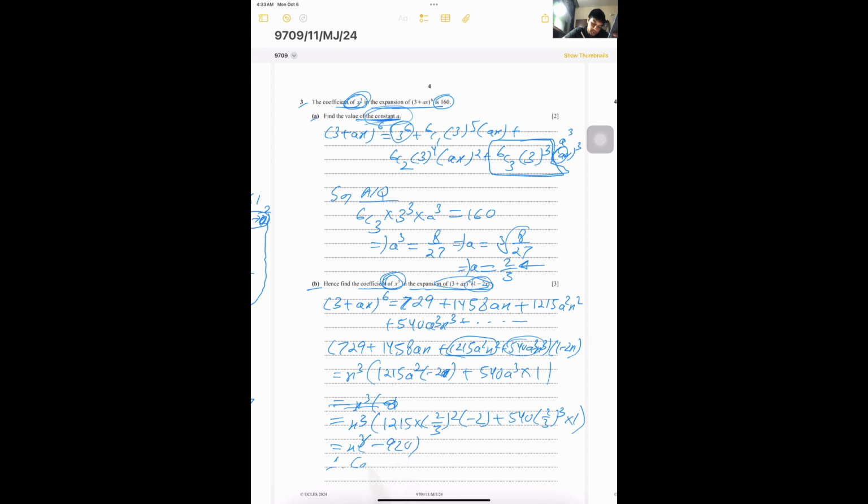Therefore the coefficient of x cubed is minus 920. At this stage we can write using the value of a. So that is question 3.